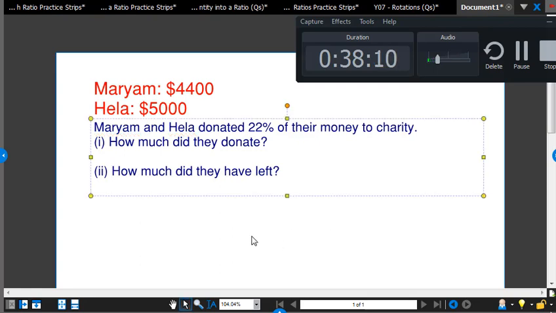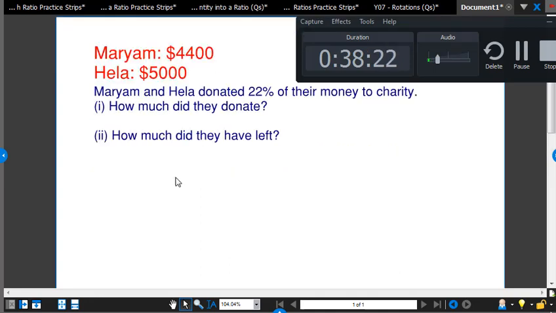As I showed you the other day, there's a couple of ways to do it. One is to get 22% of Mariam's money and then get 22% of Hella's money and add it together. Or you can just get the total. I'm just going to do both ways. Method A is to do it like this.